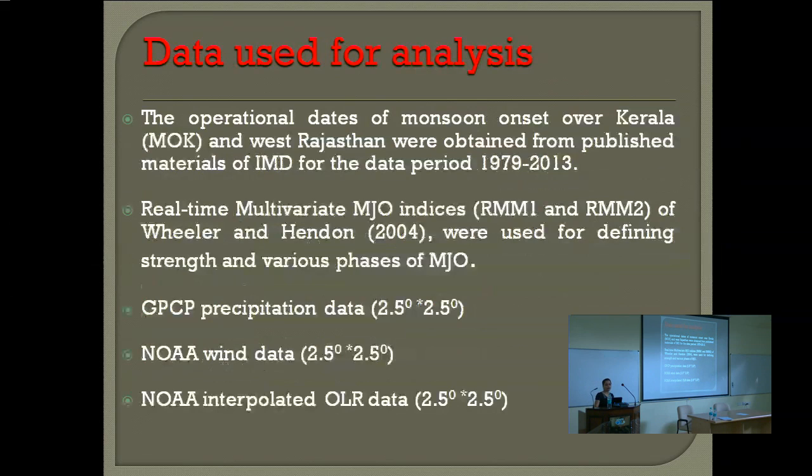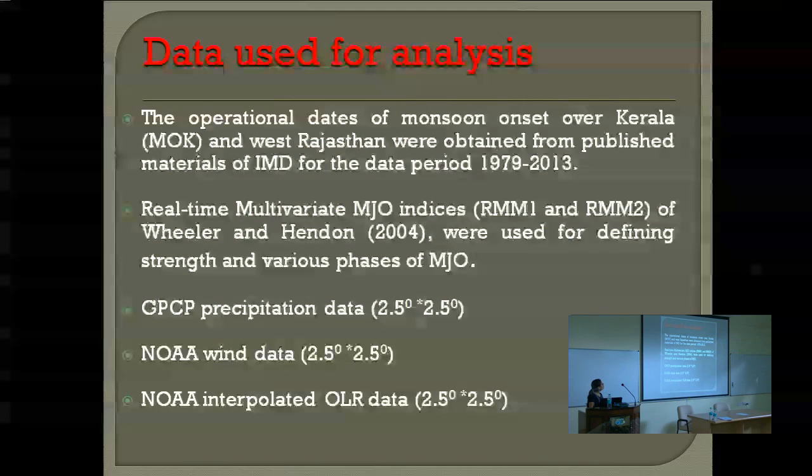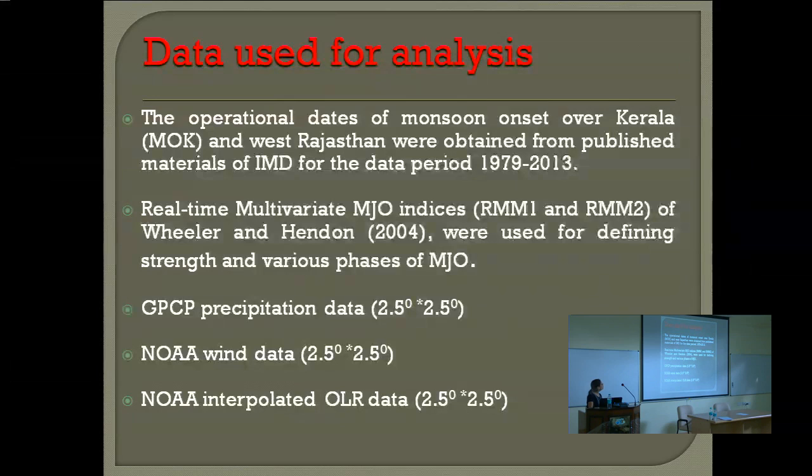I am using the IMD product for onset date, and for this study I have used onset date over Kerala and onset date over West Rajasthan. So I have calculated the progress of monsoon, meaning when monsoon sets over Southeast Arabian Sea, and the number of days it takes to progress over the western part of the country.